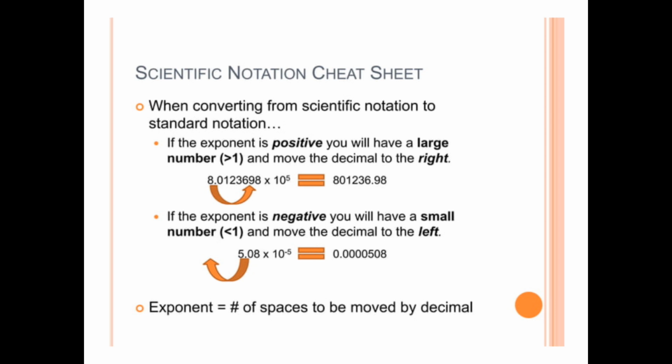Immediately after the decimal, we count 1, 2, 3, 4, and 5.